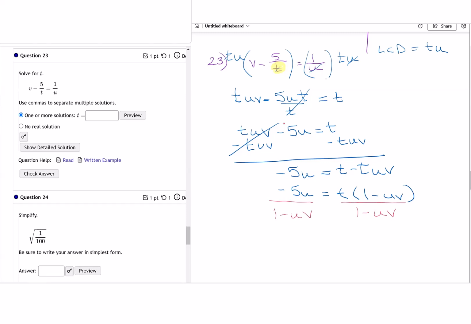And I end up with negative 5U over 1 minus UV, this cancels, is equal to T.